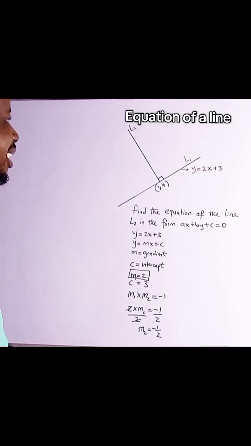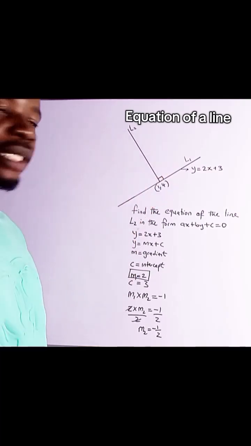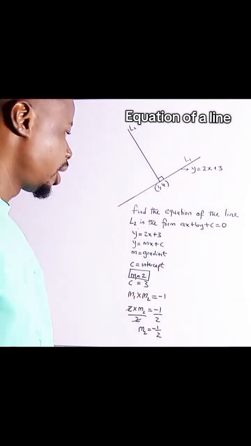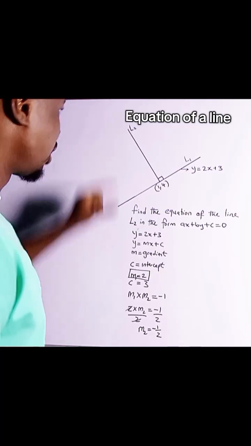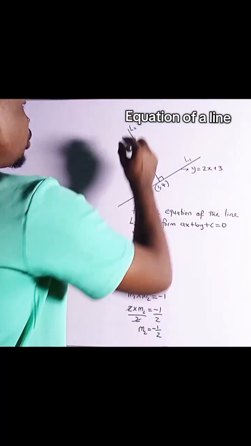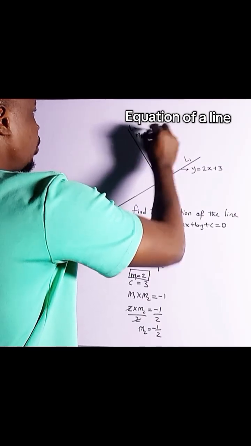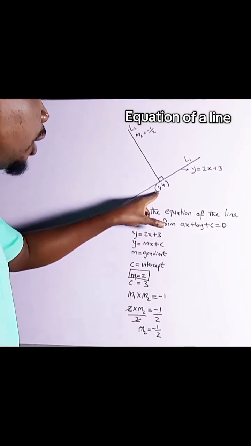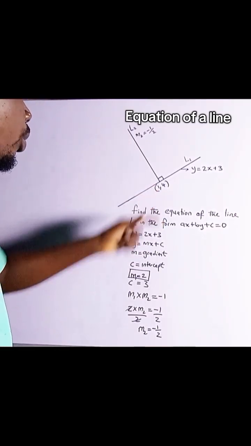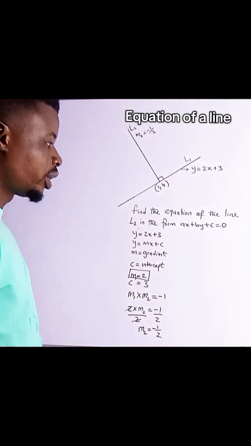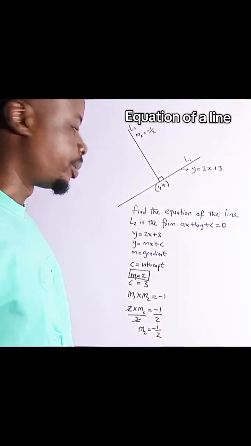Now, how do we get the equation of the line and represent our answer in this form? If you look at this line system, we have gotten our m2 to be -1/2. Now, we have a point through which the line passes. We can use another relationship for straight lines, which is called the gradient and one point form.